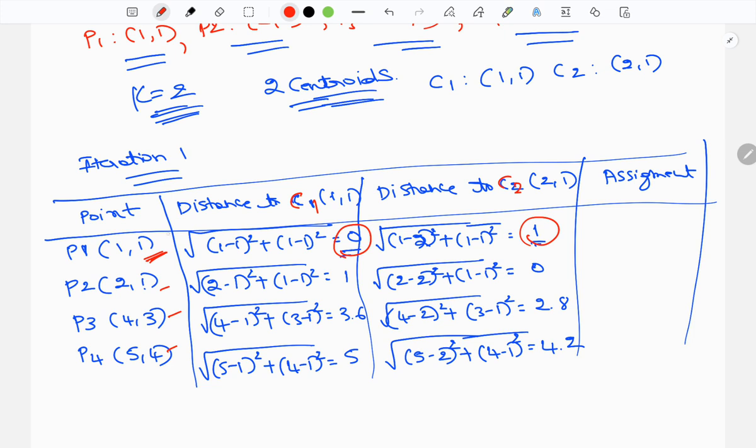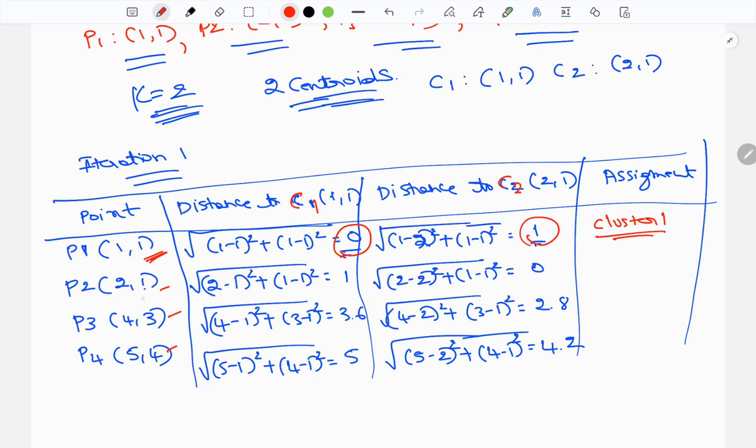Since the Euclidean distance of this point to C1 is lesser than the Euclidean distance of this point to centroid C2, we assign it to cluster 1. So this point is closer to centroid 1, so we assign it as cluster 1.